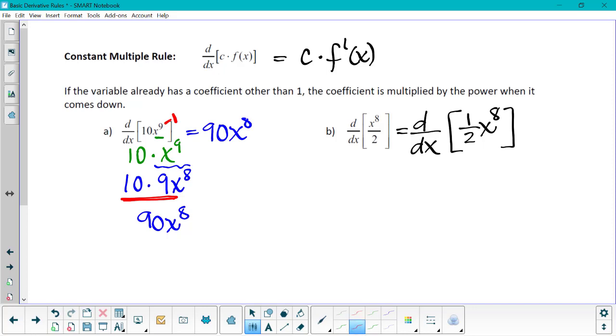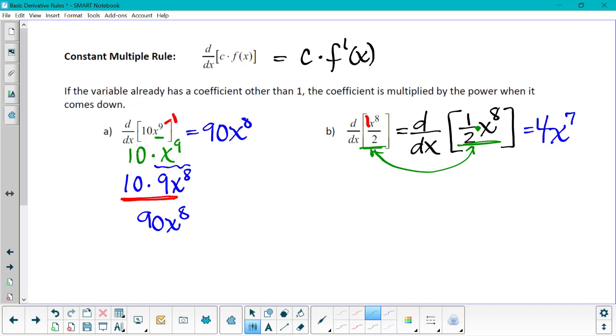So I can pull out the 1 and the 2 and rewrite it as multiplication. Now I have a constant multiple, and I can find the derivative by saying, okay, what's 8 times 1/2, or half of 8? It's 4, and then decrease the power by 1. So we get 4x to the 7th. Recognizing that these two are equivalent is an important thing to do.